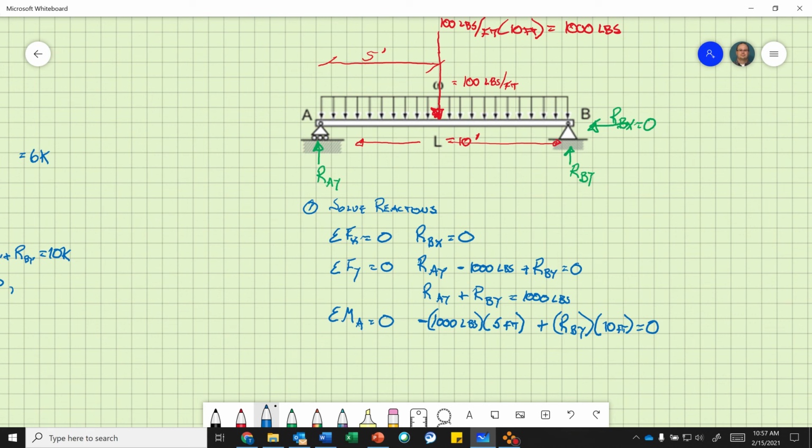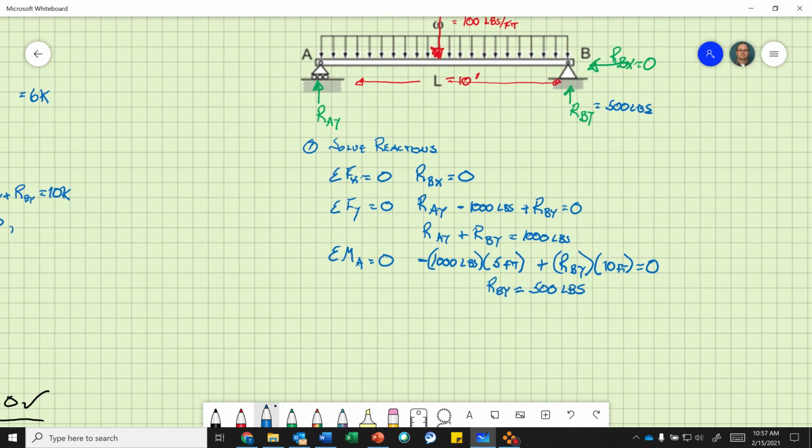So now the reaction at point B in the Y direction has to equal 5,000 divided by 10, which is 500 pounds. Okay, so now we do substitution.